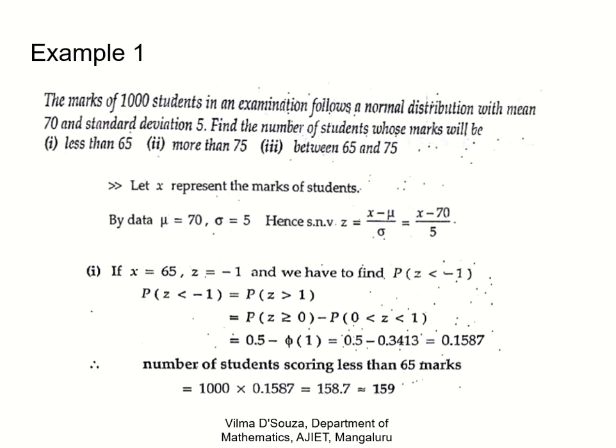So you can write it as P of z greater than 1. What is P of z greater than 1? P of z greater than 1 is nothing but P of z greater than 0 minus the probability of z varying from 0 to 1.